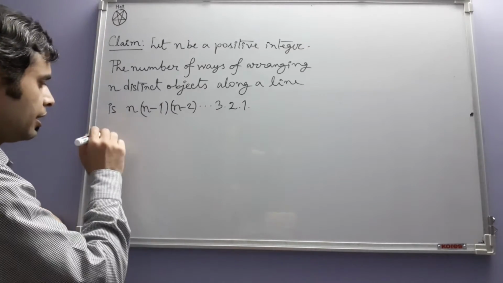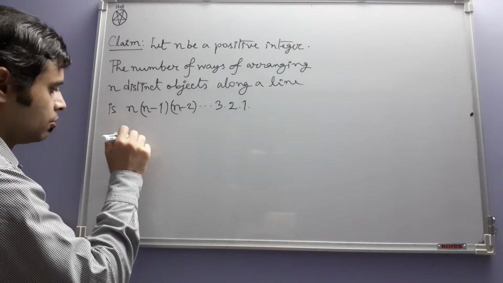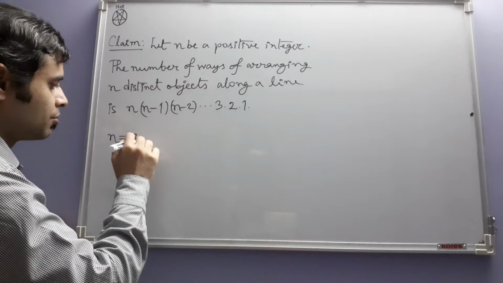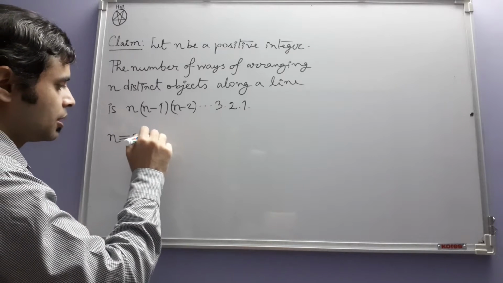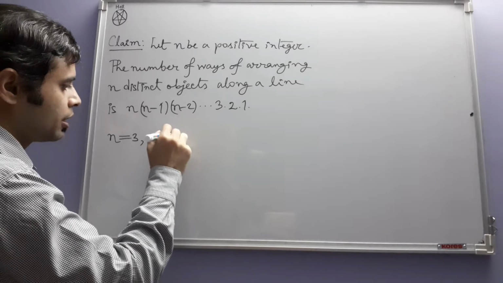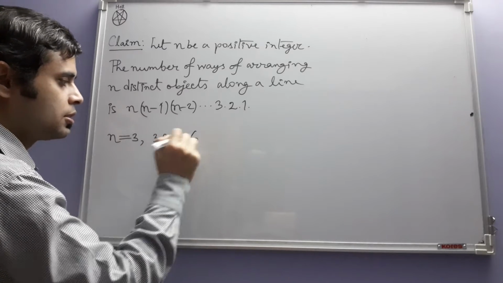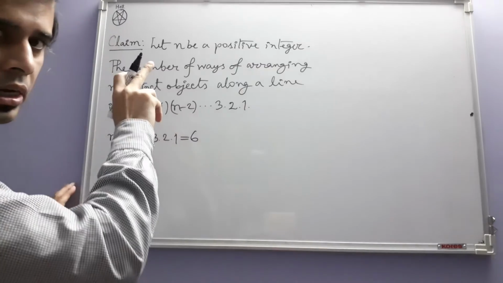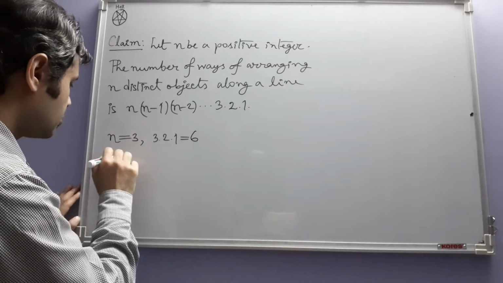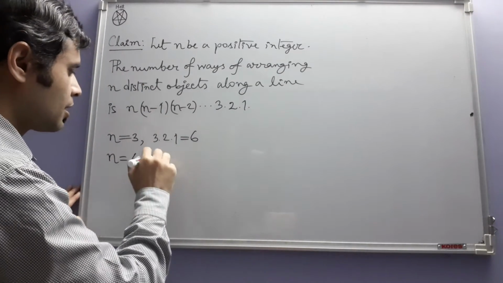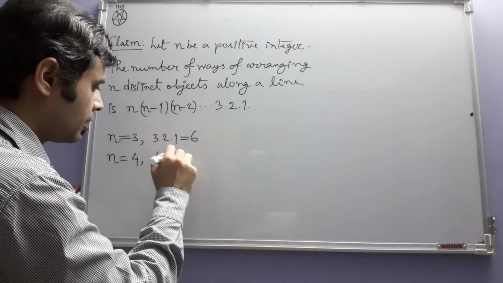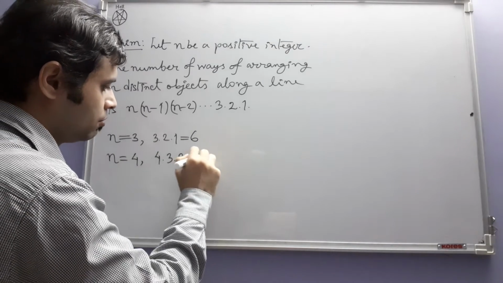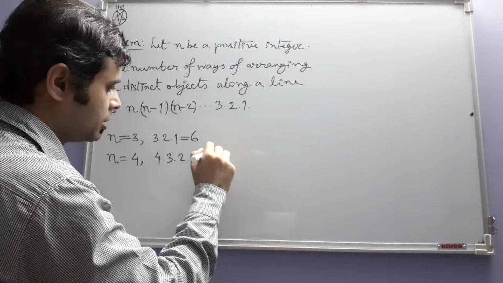You see, when n is equal to 3, this number is nothing but 3 times 2 times 1, which is 6, and that's what we got there. When n is equal to 4, this number is 4 times 3 times 2 times 1, which is 24.